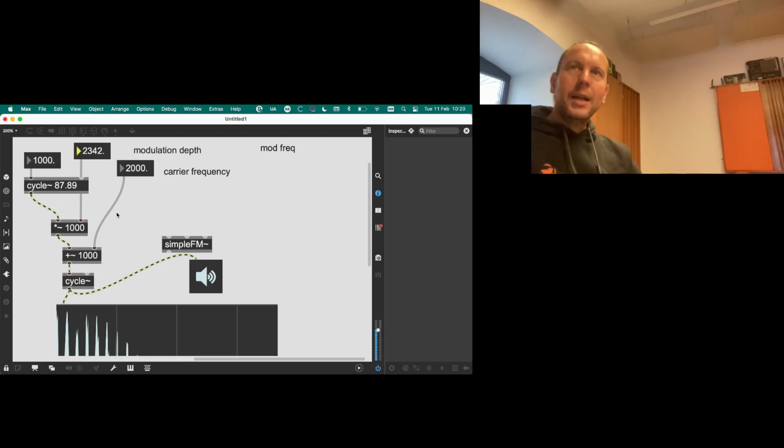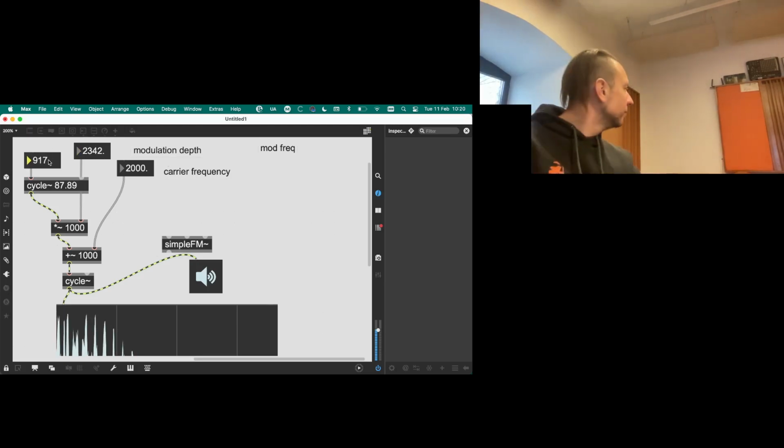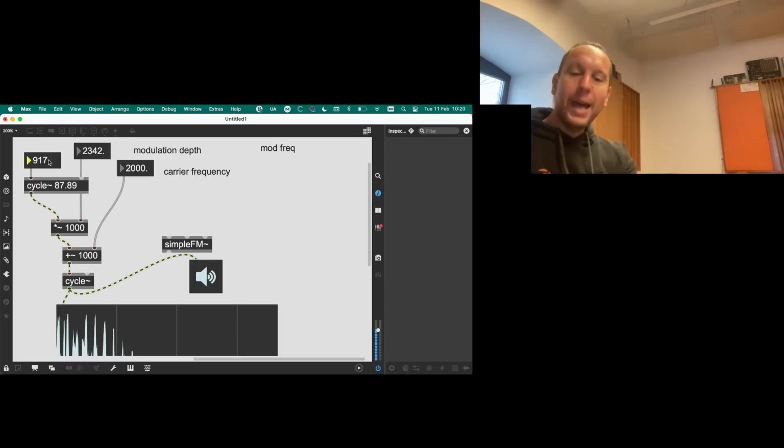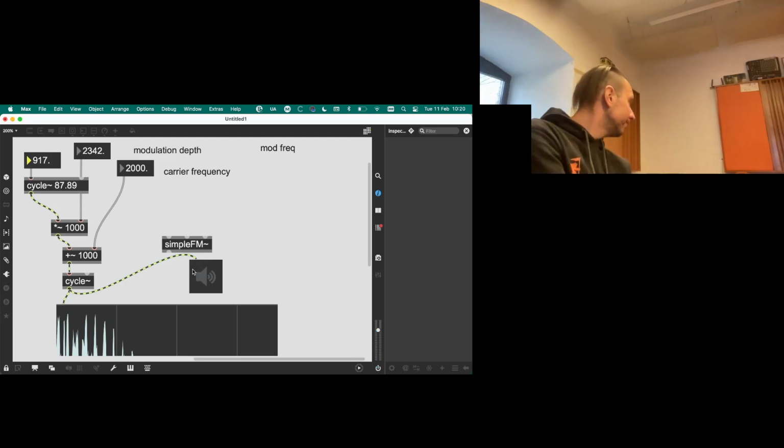Now, the interesting thing is that if I just change this by a little bit, you suddenly get a clear sense of multiple sound sources. It's already a harmony. So what happened there? Not much.